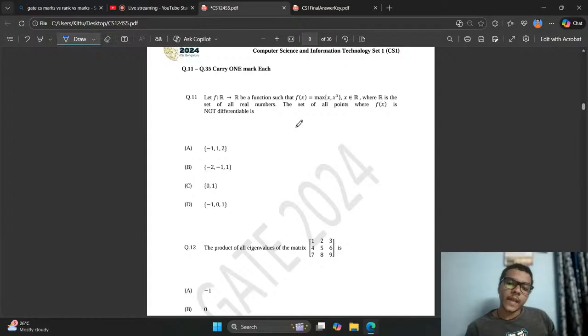Function f(x) = max of x comma x cube, where R is the set of all real numbers. The set of points where f of x is not differentiable is. So f of minus 1 is max of minus 1 comma minus 1, that is minus 1. So f of 1 is 1 and f of 2 is 8. Okay.